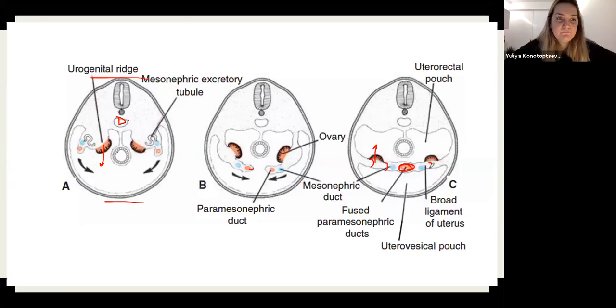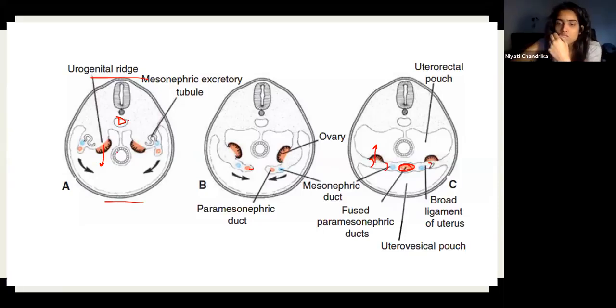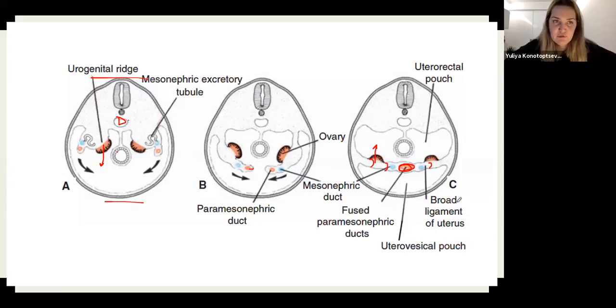What has it become? Broad ligament, yes. It's going to become the broad ligament of the uterus. So this urogenital ridge, it's just mesoderm, intermediate mesoderm. It will become connective tissue. Which kind of connective tissue? The broad ligament of the uterus. So now it attaches your uterus to the lateral walls.